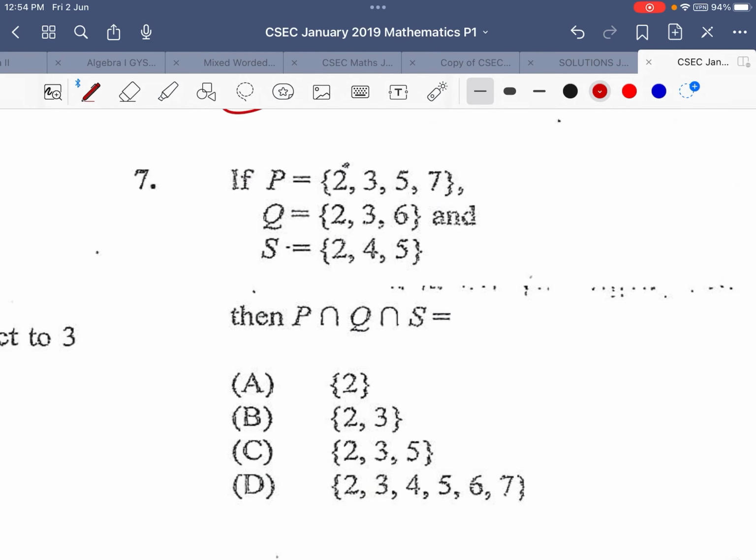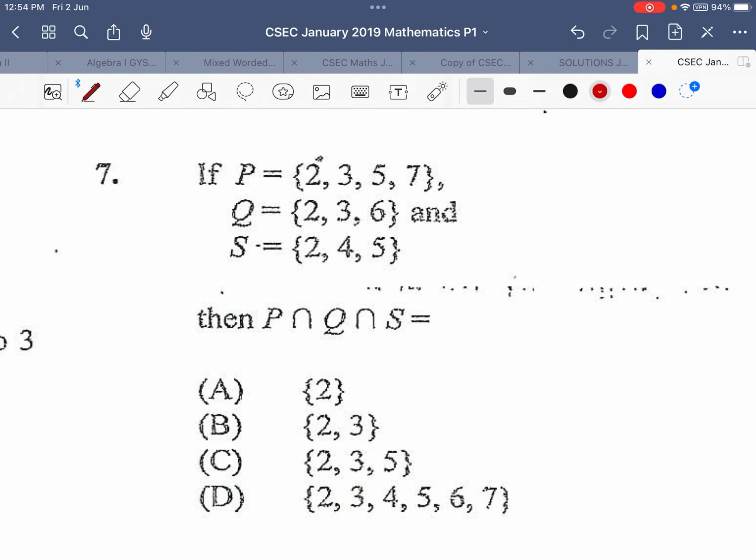Okay, so if P equals 2, 3, 5, 7, Q is a set containing 2, 3, 6, and S is a set containing 2, 4, 5, then P intersect Q intersect S would be what? Well, the intersection sign tells us that we need to list the elements that these sets have in common.